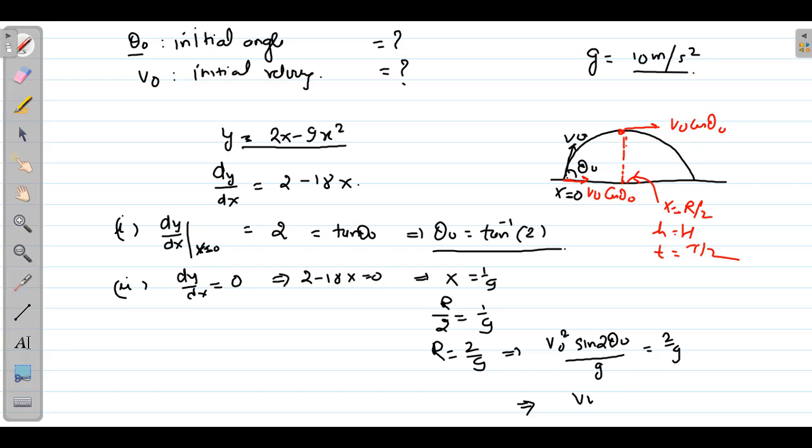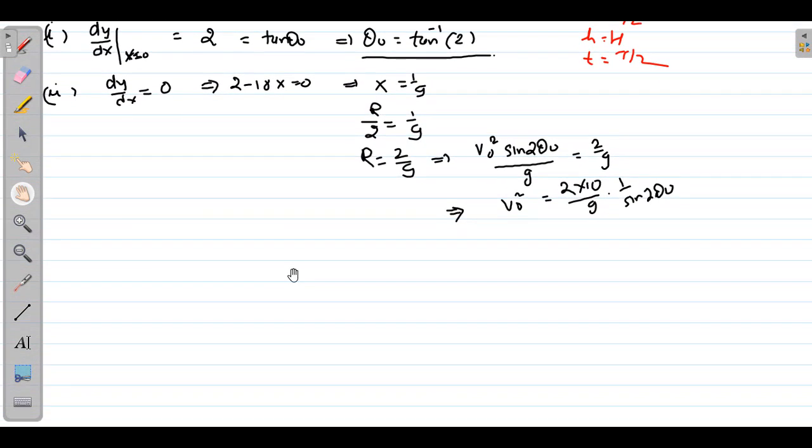So v0 square equal to 2 into g, which is given in the question as 10, by 9 into 1 by sine 2 theta 0. Now we can find sine 2 theta 0: it is equal to 20 by 9 into 1 by 2 sine theta 0 cos theta 0.